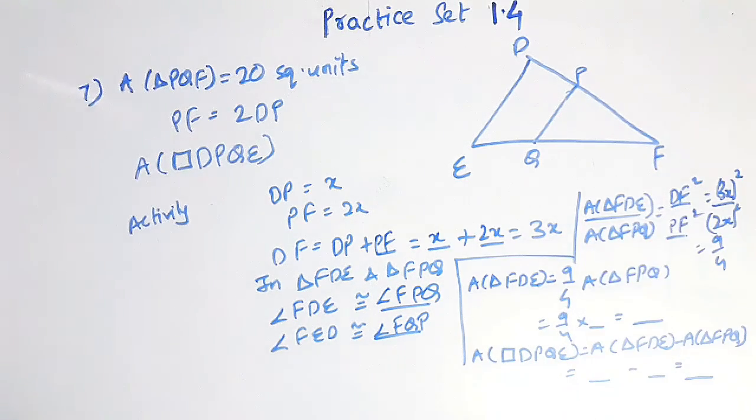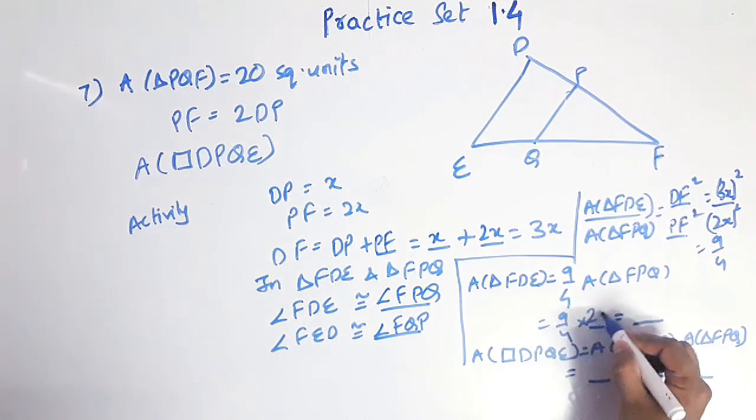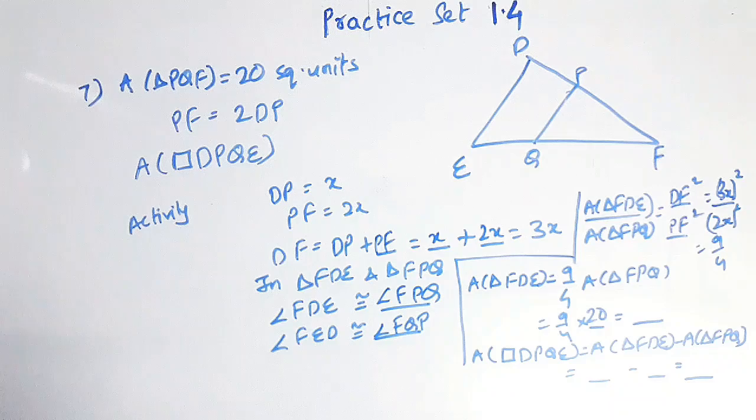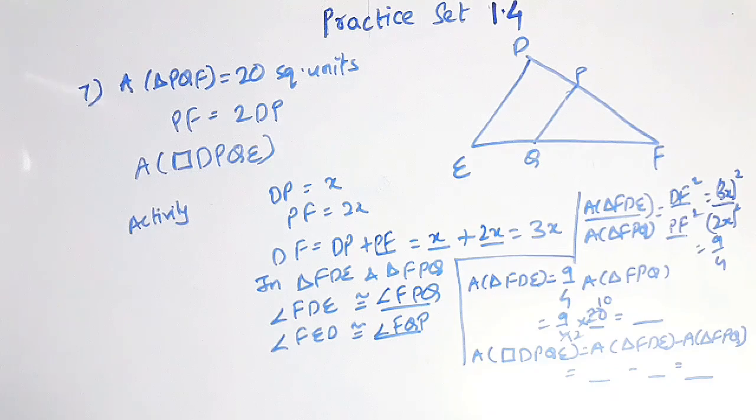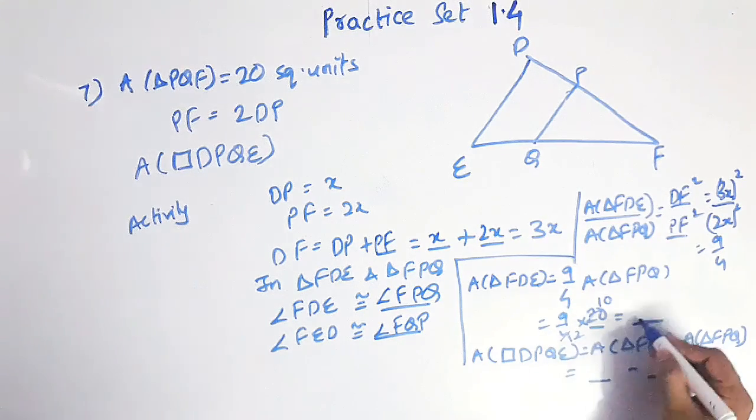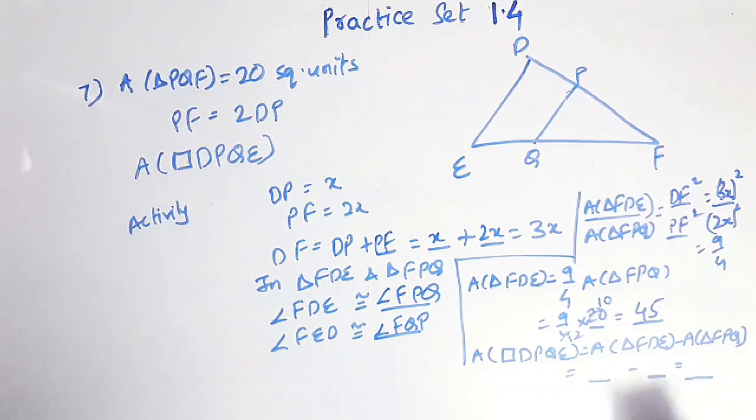So what is the area of triangle FPQ? That is 20, they have given it here. If we cancel this, 2 2s are 4, 2 10s are 20, so it will be 90 upon 2, that is 45.